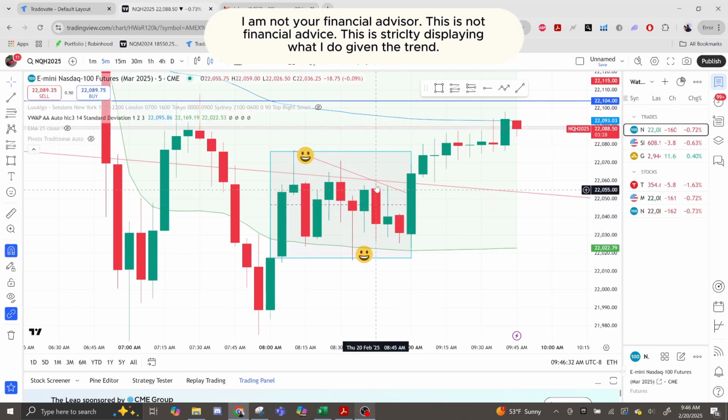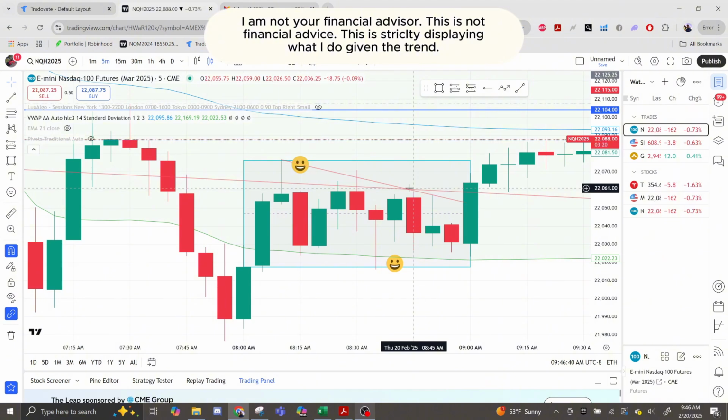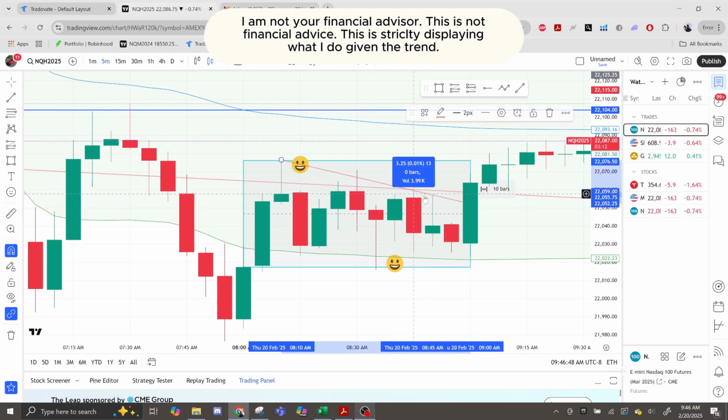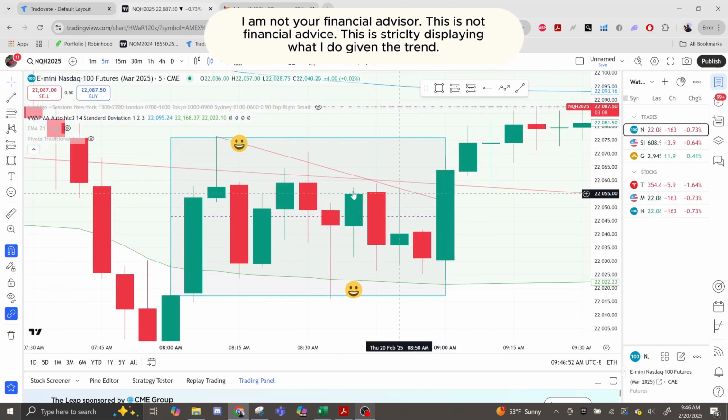Okay, we're up right here. The candle just opened up right here. We're close to the trend line. From here to here, we're 13 ticks in, going up, 13 ticks until it hits the trend line.